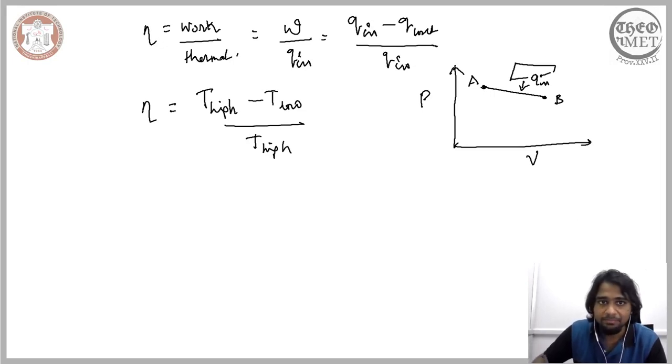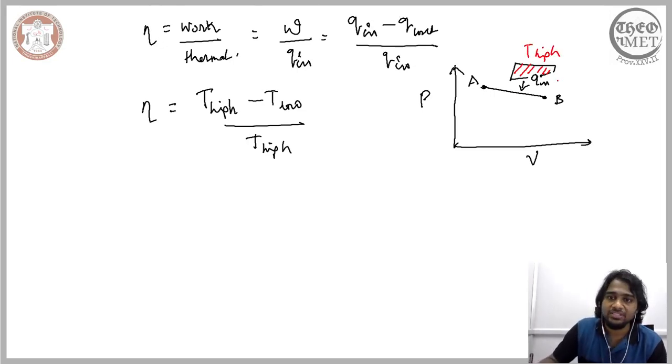This high temperature reservoir is what allows the heat to transfer, and because of this heat transfer the system moves from state A to state B, and there is an equilibration process that occurs.